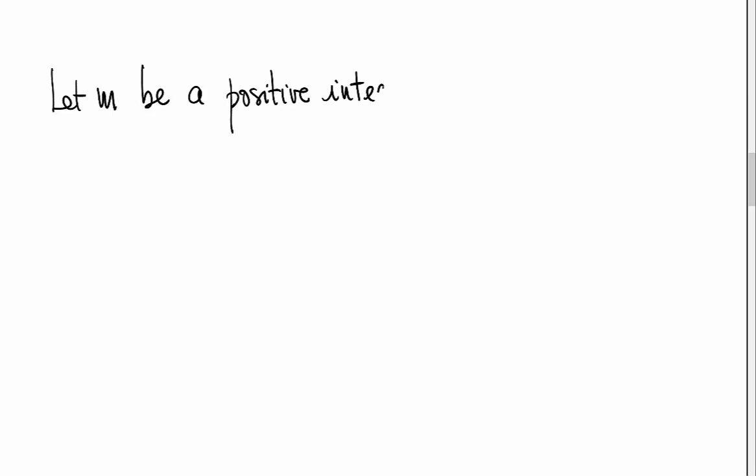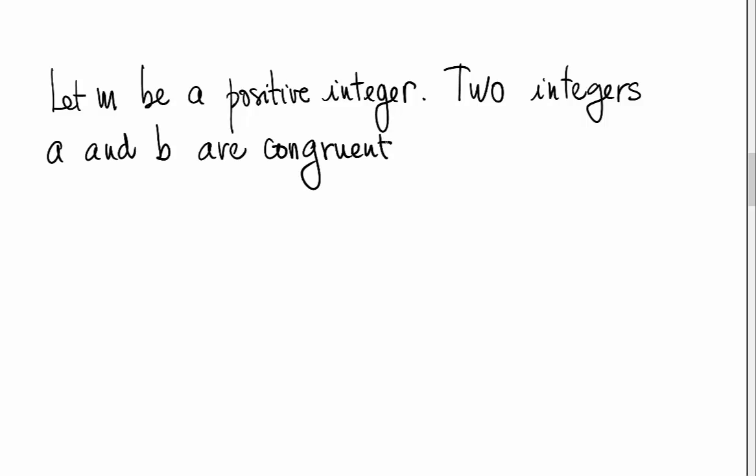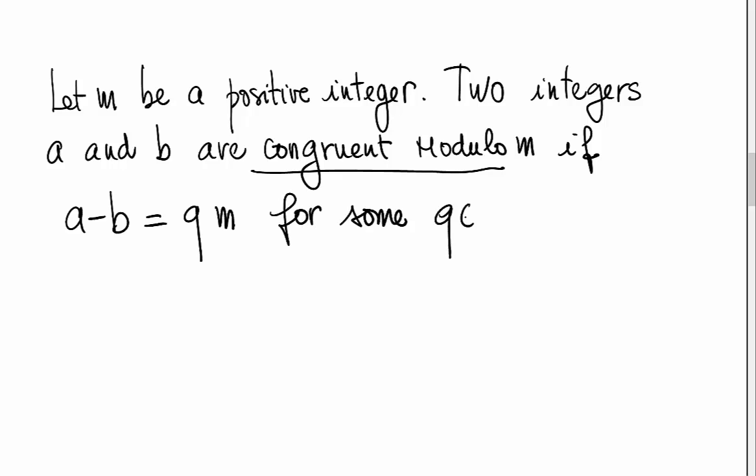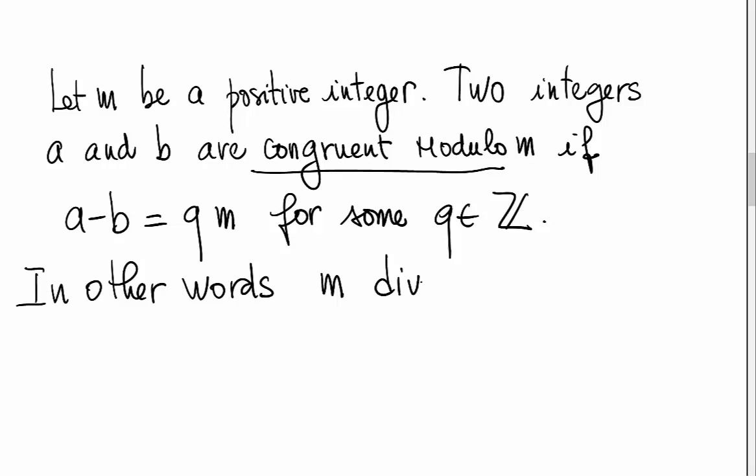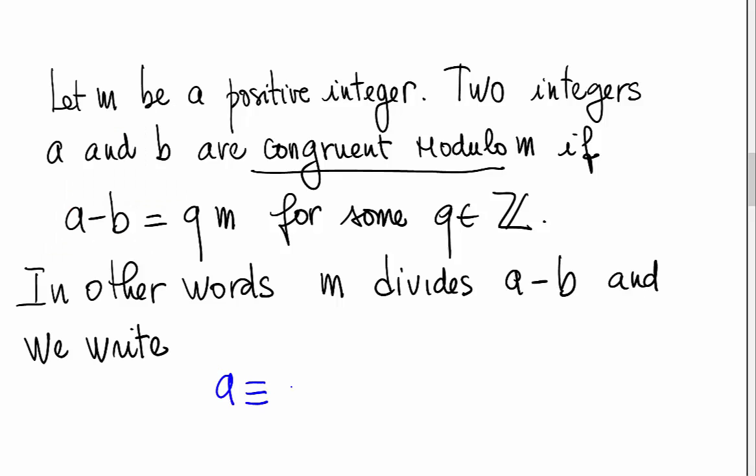Let m be a positive integer. We say that two integers a and b are congruent modulo m if a minus b is a multiple of m. In other words, m divides the difference a minus b, and we write that a is congruent to b mod m.